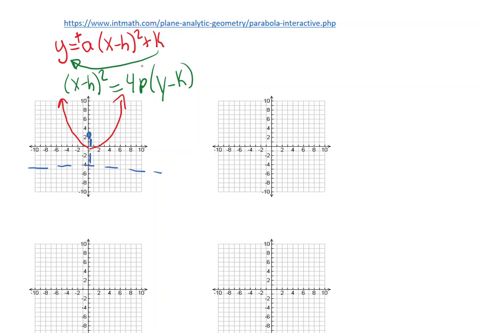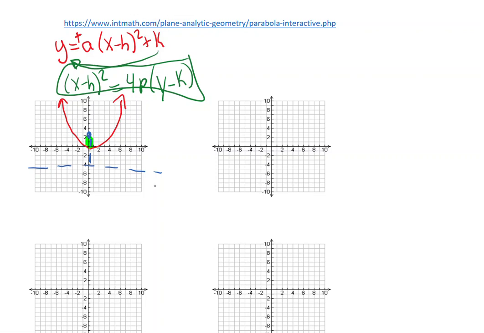So part of that is just swinging that k over, and this idea of 4p comes from that distance from the focus. So p is the distance between the vertex and the focus, and that's how you calculate part of that a.